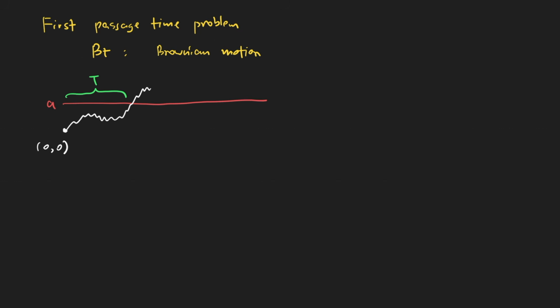So the problem setup is that suppose we are given the Brownian motion and we are given a certain position value A. Then the question is, what is the distribution of time for the process to reach A for the first time?